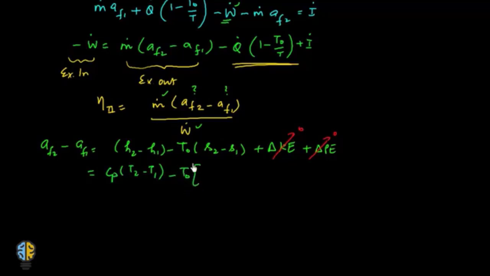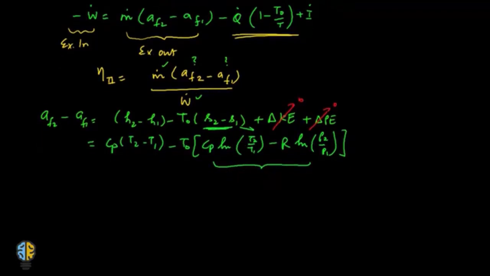Now we are taking the compression of a gas, so the entropy change becomes Cp into natural log T2 by T1, minus R into log P2 by P1. So this is the value of entropy change that you get, this whole expression.